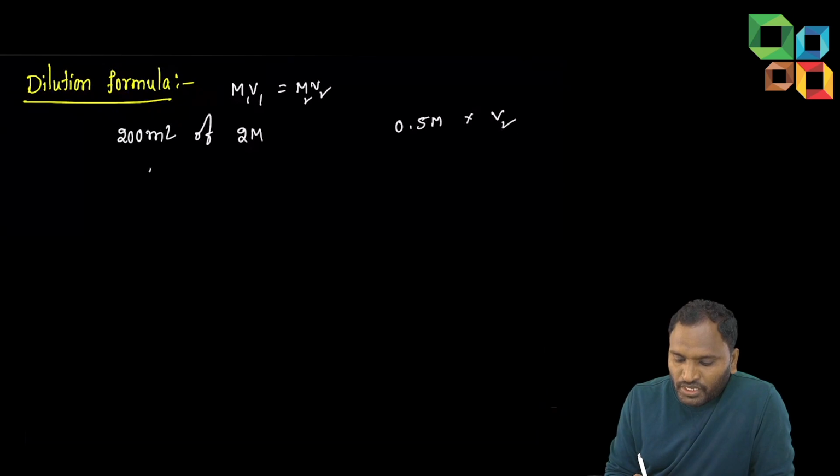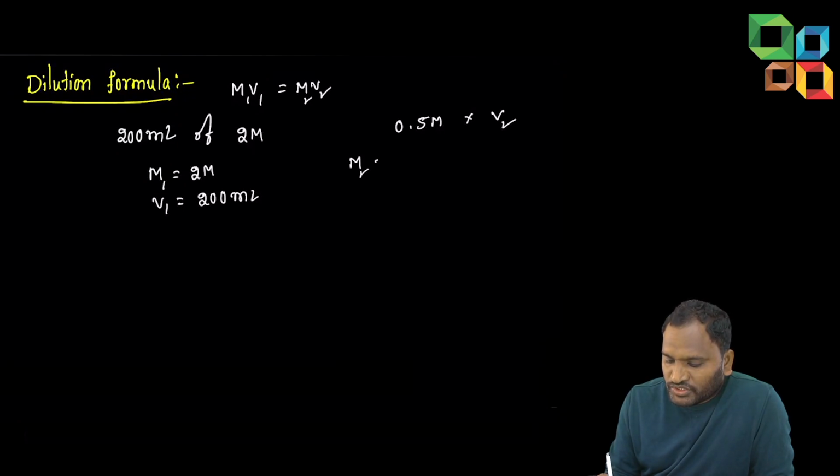So here, M1 is 2 molar, V1 is 200 ml, M2 is 0.5 molar. They want to prepare 0.5 molar. V2, how much we have to raise?